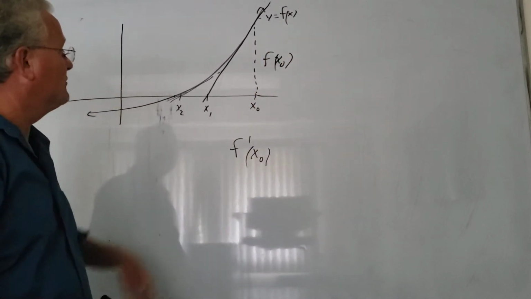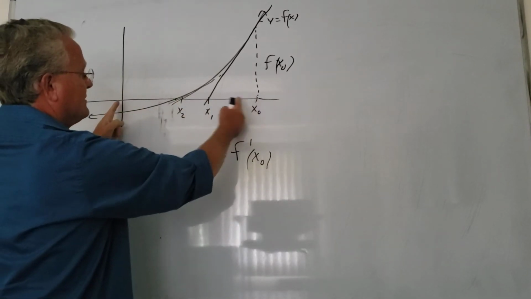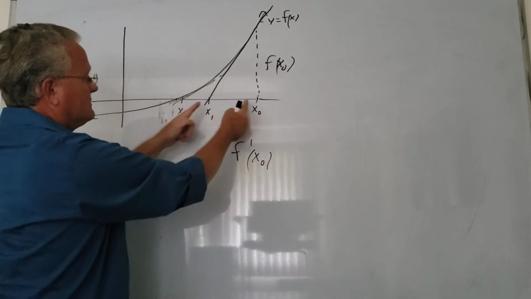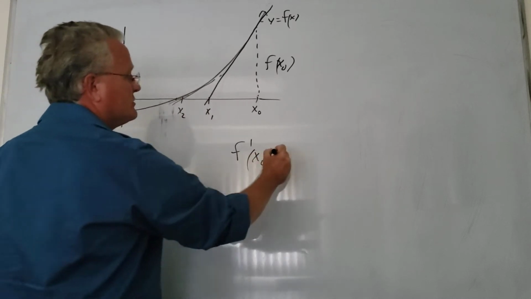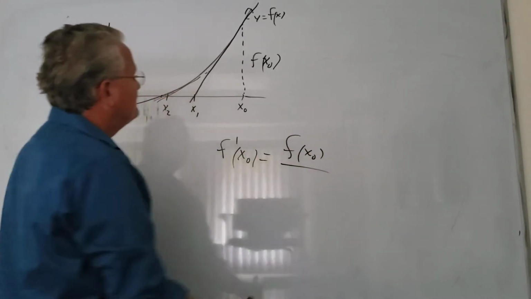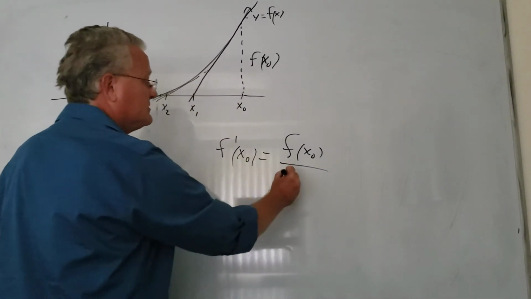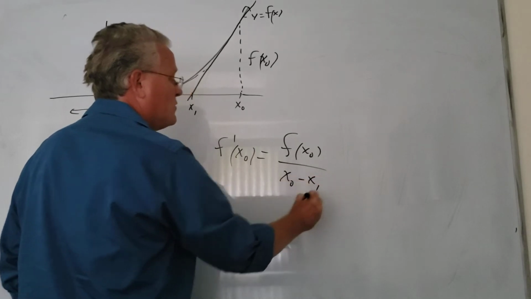That's our y value. The change in x is this distance, x0 minus x1. So the derivative is the change in y, f of x0, divided by the change in x, which I just said is x0 minus x1.